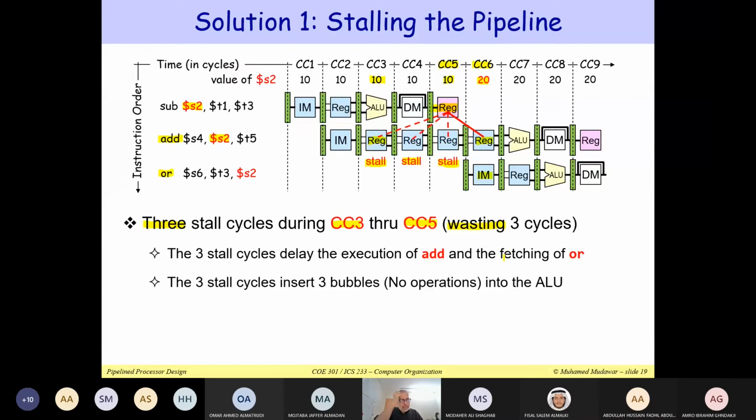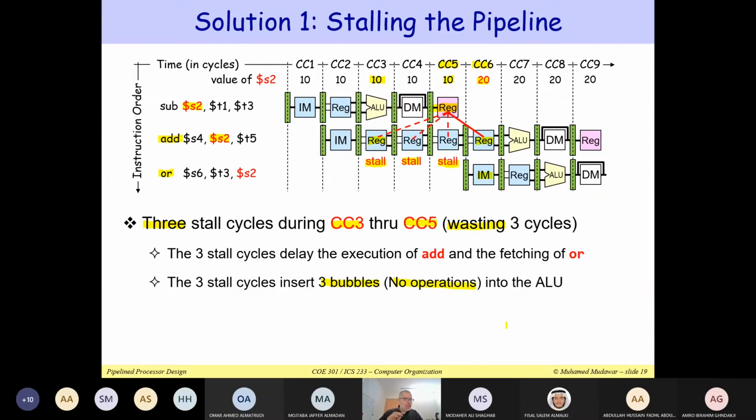Now, the way to implement this is that we need to insert bubbles. When we stall the pipeline, what will happen in the execute stage? Basically nothing. We just insert bubbles, 3 bubbles because we have 3 stall cycles, and these are no operations into the ALU.